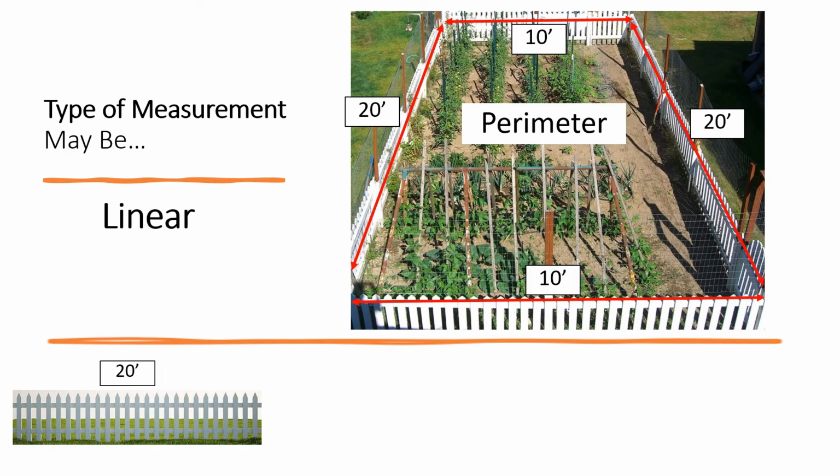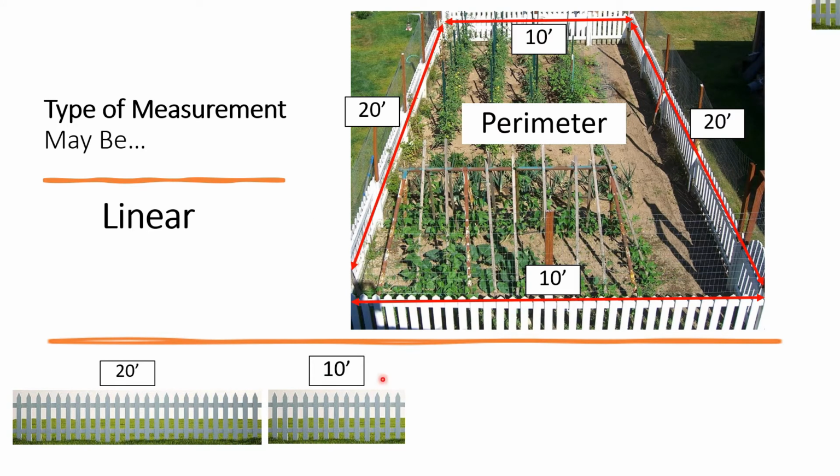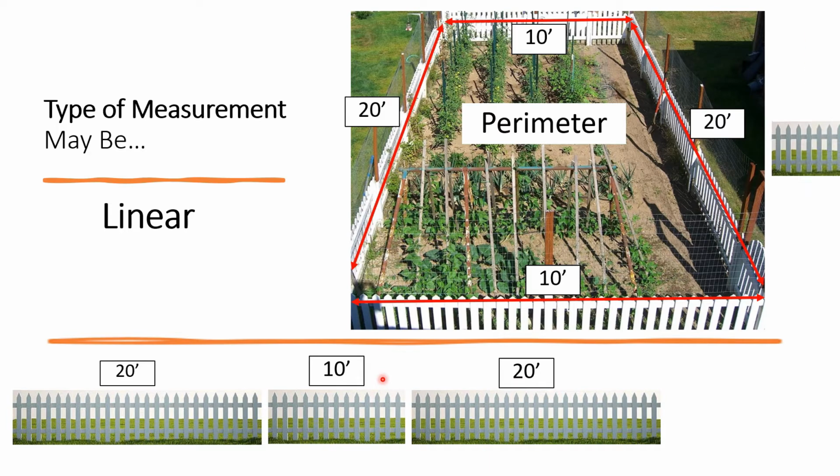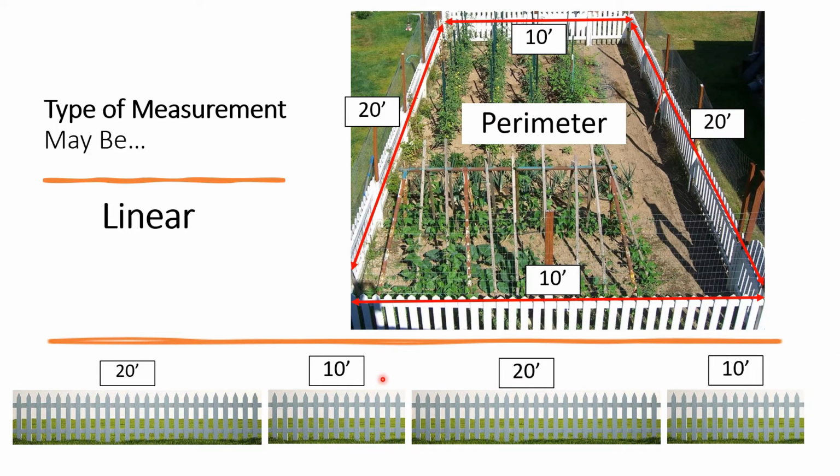Just like if you were to take each measurement, say you took this first side, it's 20 feet long. You take the next side, 10 feet, add it. The next side and the end, add all those together.